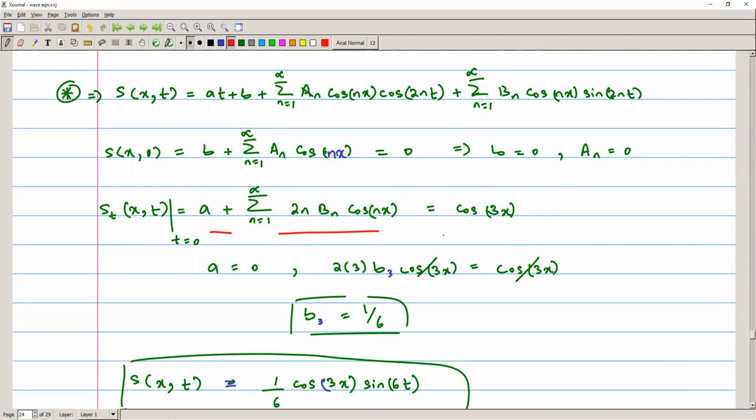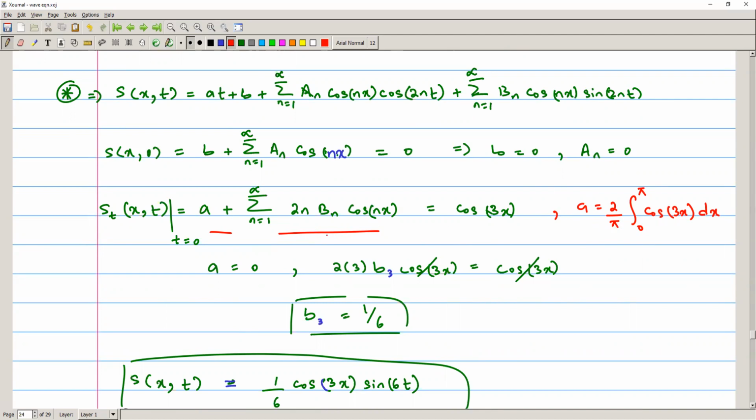And we can also formulate it by using the Fourier cosine series. So A will be equal to 2 over pi, integral from 0 to pi of cos 3x. And we know that the value of this integral will be equal to 0 because the integral will be sin 3x, and sin pi is 0, sin 0 is 0.